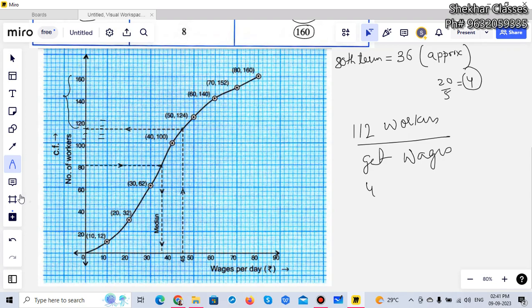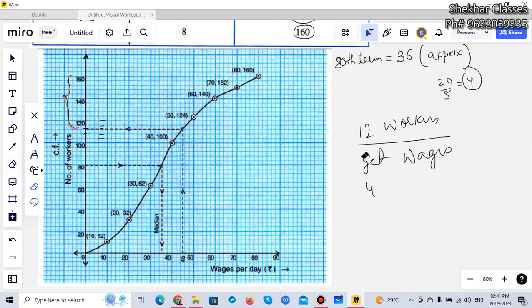These people are getting wages more than 45, right? So we can say 112 workers get wages up to 45, or maybe say a little less than 45.